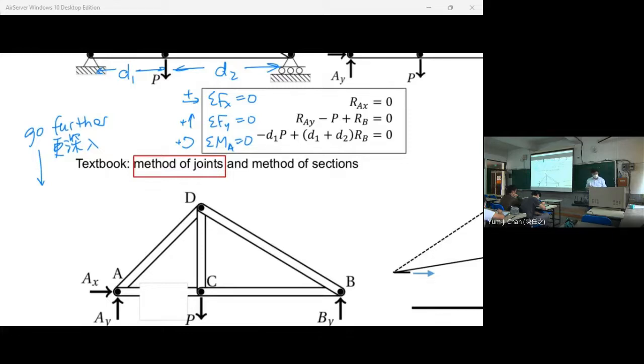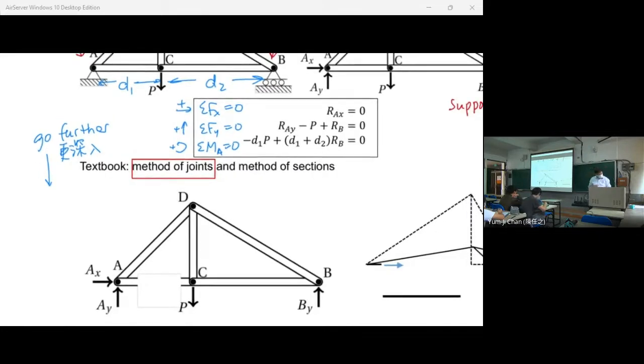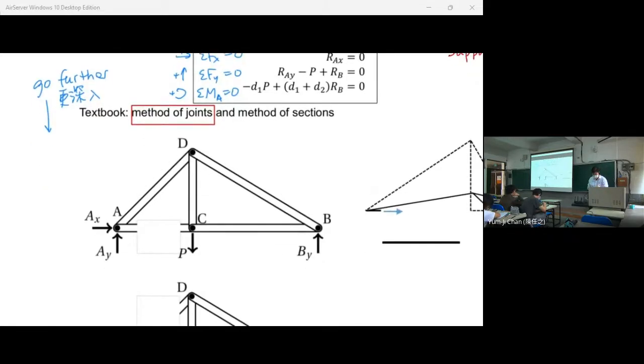Now, from here we work like this. We divide the truss into two free bodies: free body 1 and free body 2.